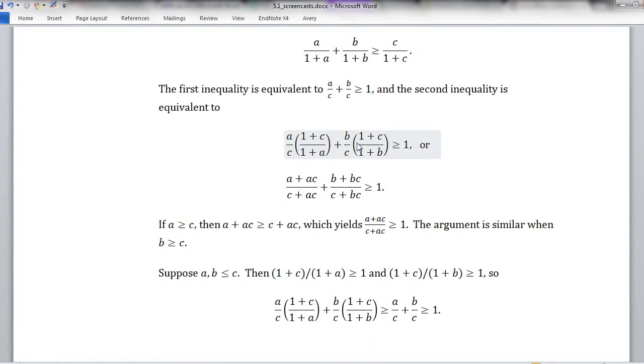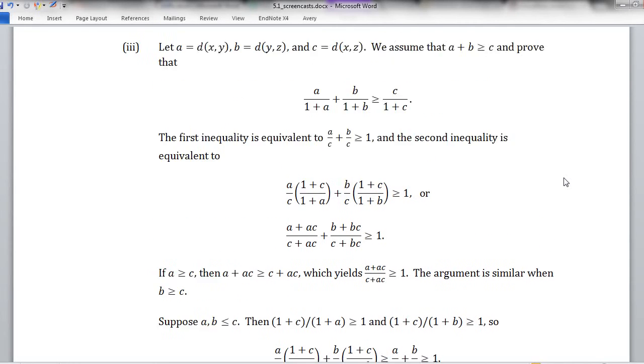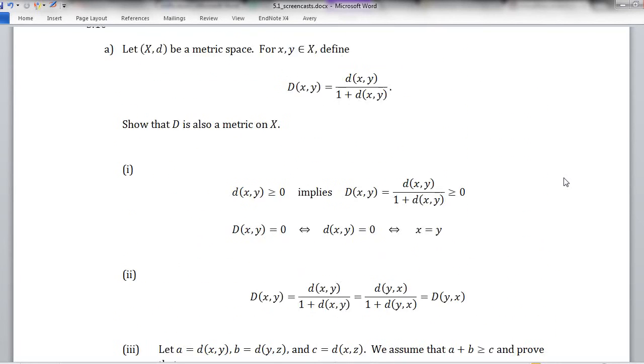And this expression on the left up here, this fraction is greater than or equal to 1, so this product here is greater than or equal to a over c. Similarly, this product is greater than or equal to b over c. But we decided that we knew that the sum of those two things was greater than or equal to 1. So put it together and we have this inequality, which was equivalent to this one that we wanted. And we're done. Capital D satisfies the triangle inequality and is a metric.